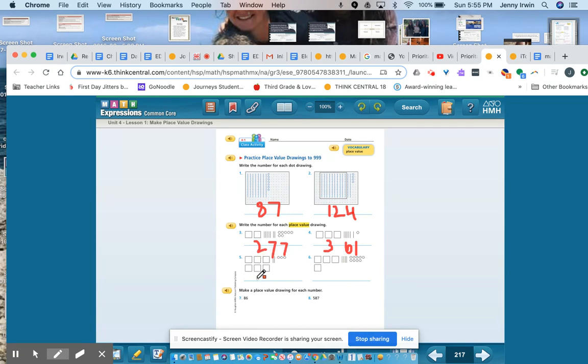Number 5 has 600s, 2 tens, and 3 ones. And number 6 has 4 hundreds, and 4 tens and 9 ones, 449.